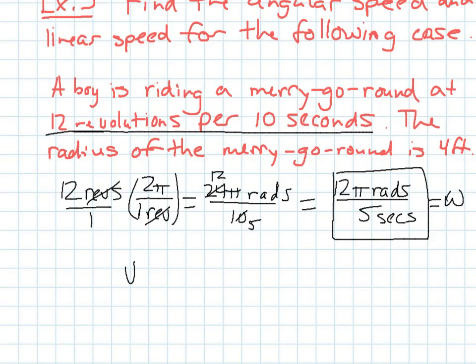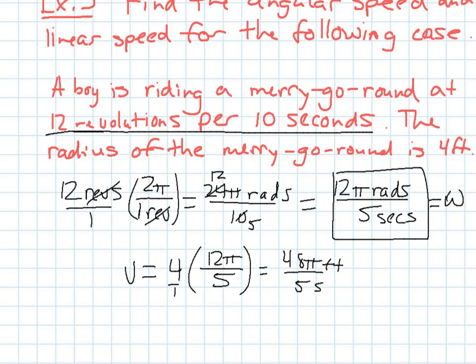Since we already have angular speed, that one is a lot easier to use. My radius was 4 feet, so taking that times 12 pi over 5 for my angular speed gives me 48 pi over 5. And that's going to be feet per second.